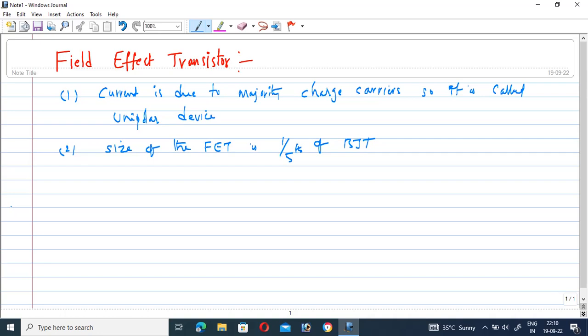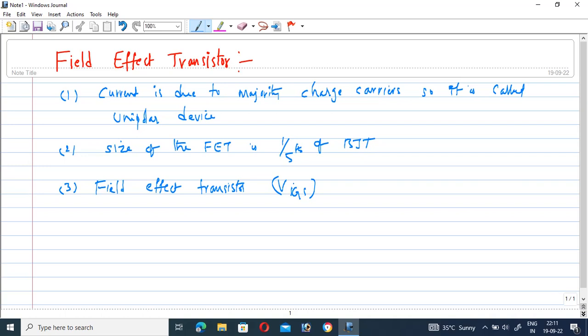Let us see one more difference. FET is nothing but field effect transistor. Field effect means that the voltage applied at the gate terminal, VGS, is responsible for the current flow in the field effect transistor. That's why we call it a field effect transistor.